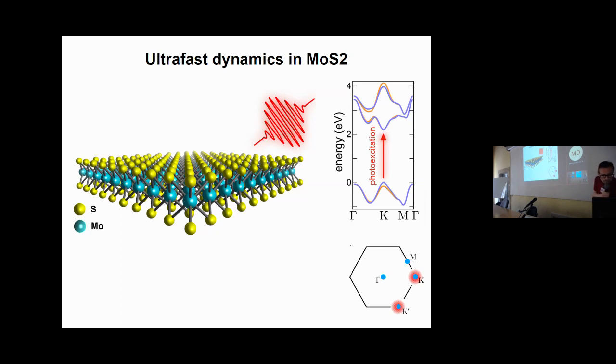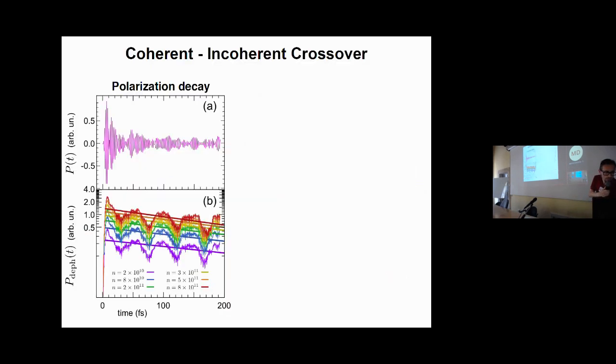We consider the system initially at zero Kelvin. We study the temporal evolution initiated by a pump pulse, an ultra-fast pump of 15 femtoseconds, with a frequency such as to excite carriers from the valence to the conduction band, so an above-gap excitation.